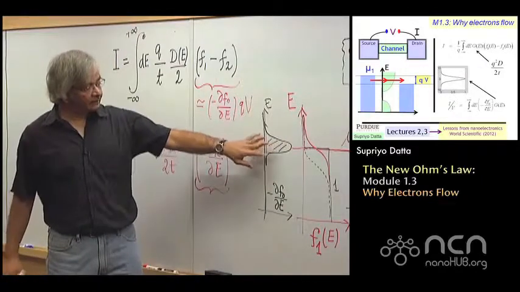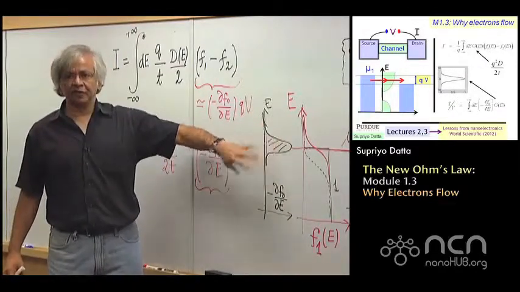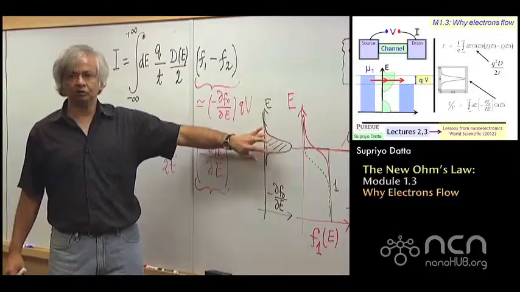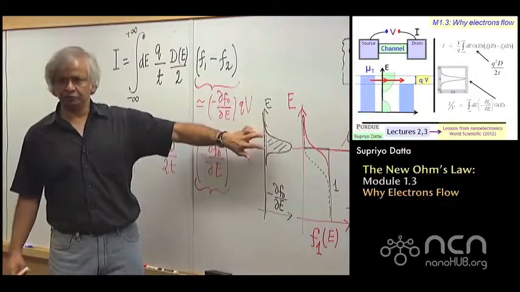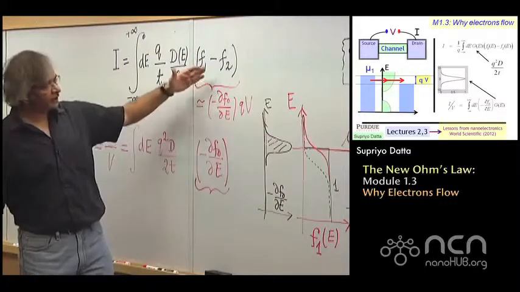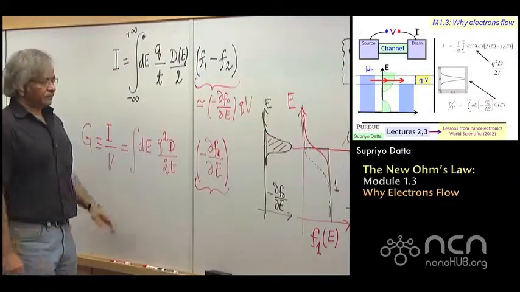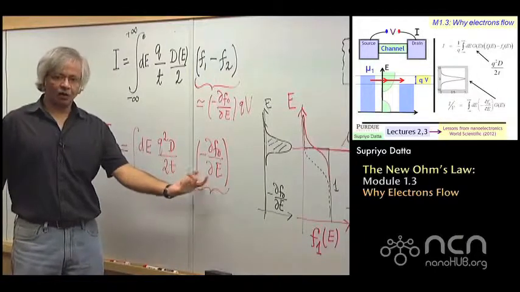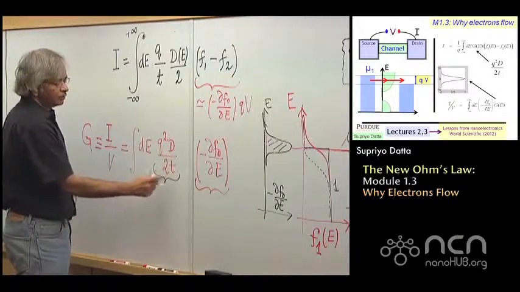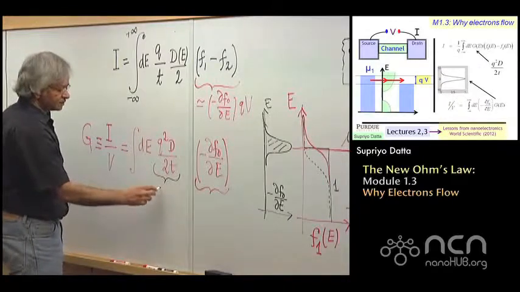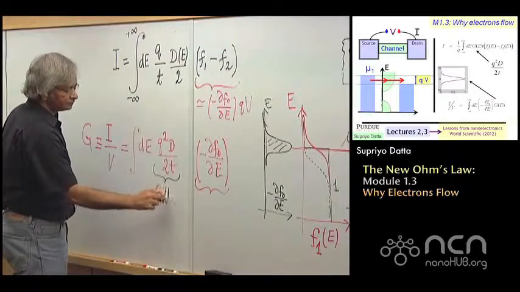And the area under this curve, actually, you can show is equal to 1. Again, something we'll go over in the tutorial, that part of it. So, this is a function whose area is 1. This is the quantity that you could view as the conductance, G of E.